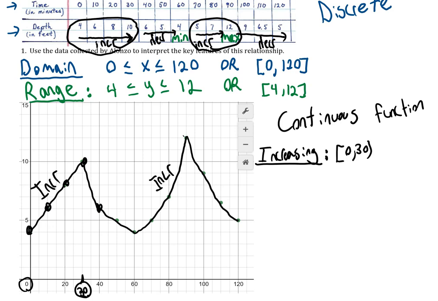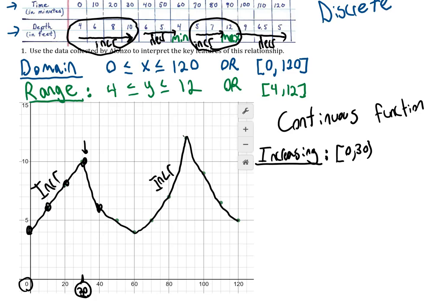I've elected to use a square bracket at 0 because it looks like it starts off increasing. At the top here, at the peak, we don't know. Well, we do know it's neither increasing nor decreasing because it's changing direction.